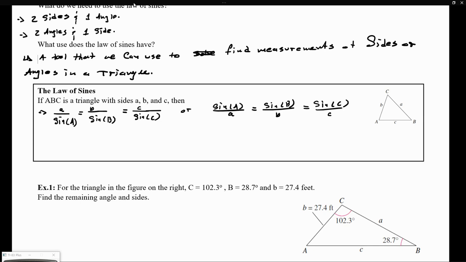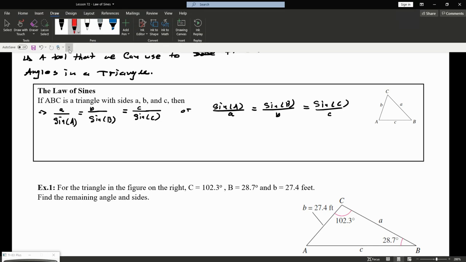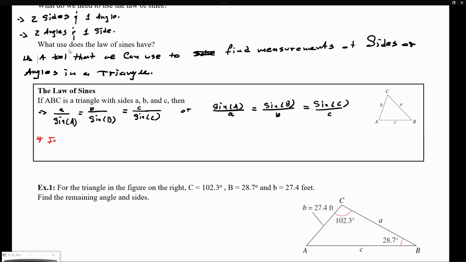But just very important, when we use the law of sine, make sure that your calculator is in degree mode. I cannot stress this enough.